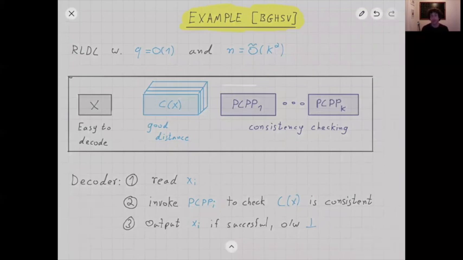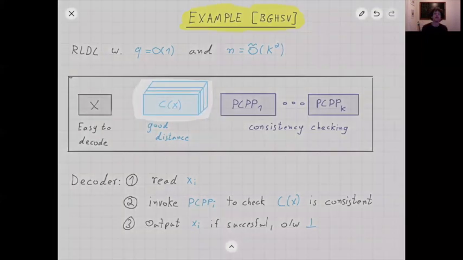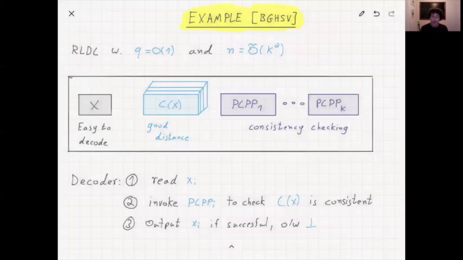So this is quadratically larger, roughly, than C of x, which means that we don't really have distance. And this is precisely why you see these squares that I drew around C, which means that we duplicate C of x and write it time after time until it takes a large portion of the code word, and this is how we get the distance.